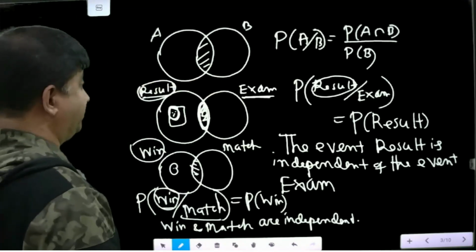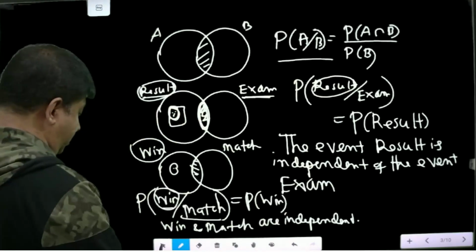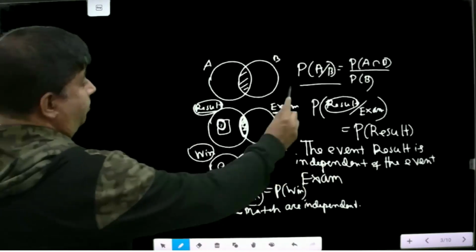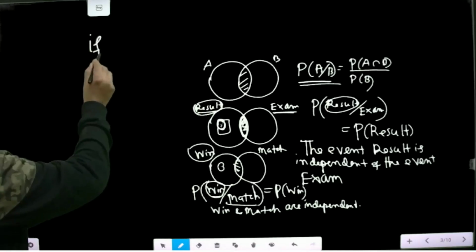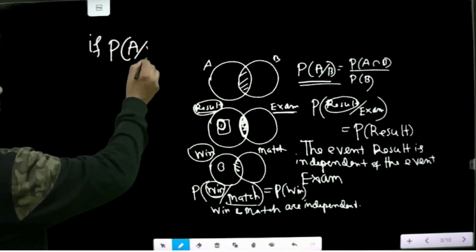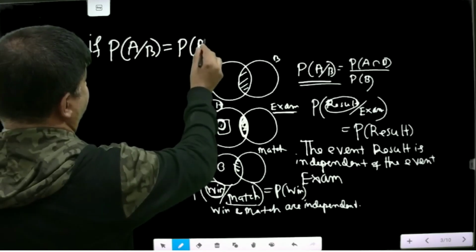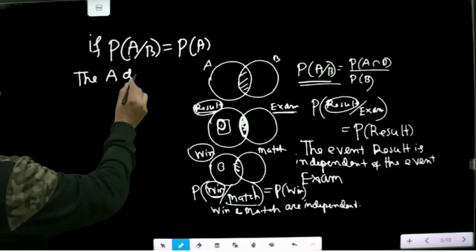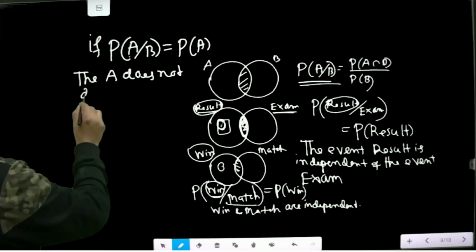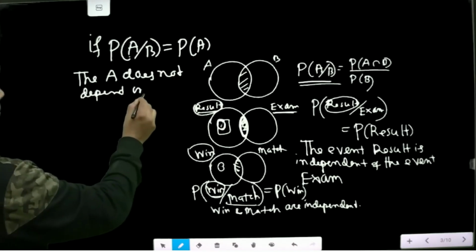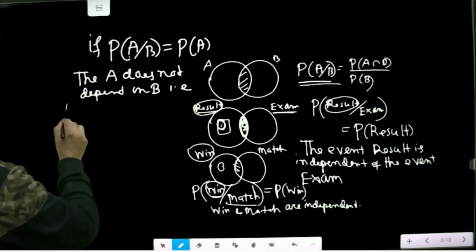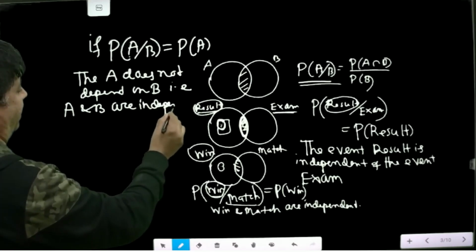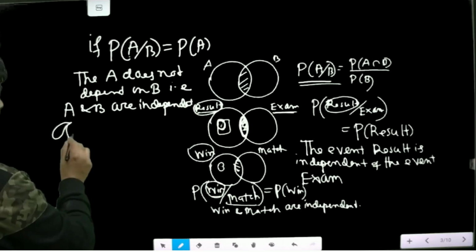Now we can generalize this. You see, P(A|B). If you get P(A|B) equal to P(A), that means A does not depend on B. That is, A and B are independent of each other.